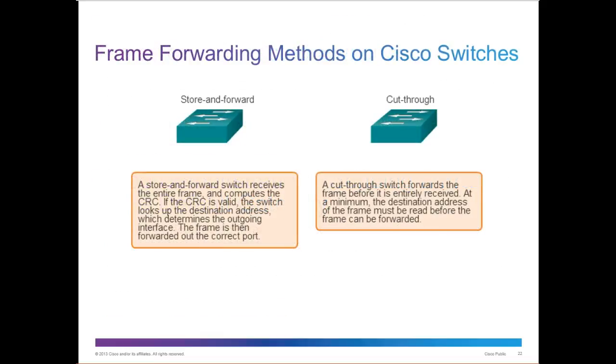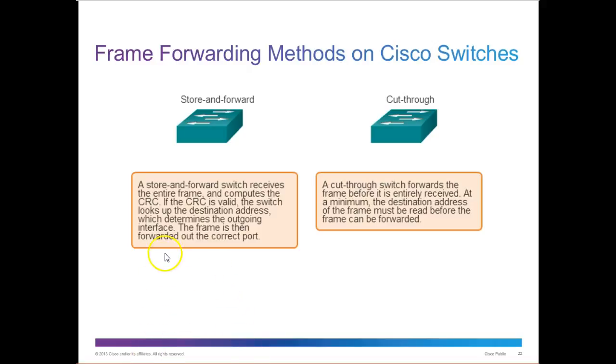Now, there are different ways for switches to handle traffic. They can do store and forward and cut through, and there are advantages and disadvantages to both. A store and forward switch gathers the entire frame. To us, gathering a couple of bits in nanoseconds and milliseconds doesn't seem like a lot, but to a computer, that's a lot of time. So store and forward will wait until the whole CRC is in there.